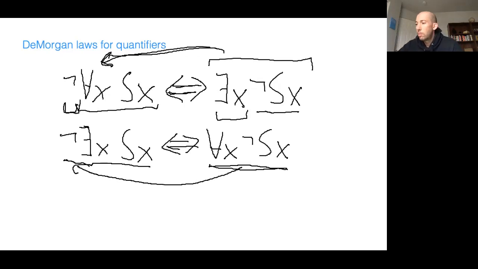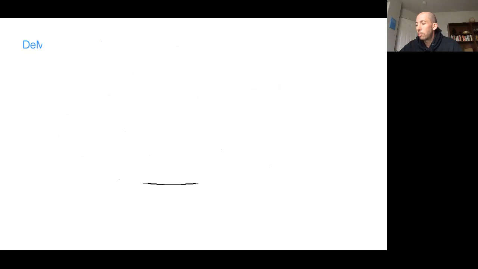So in one of the exercises that you're going to do for this problem set, you explore the relationship between the universal quantifier and conjunction, and the relationship that the existential quantifier has with disjunction.